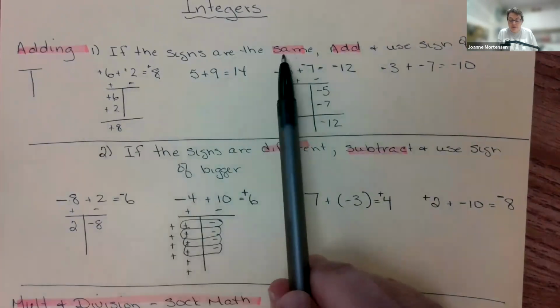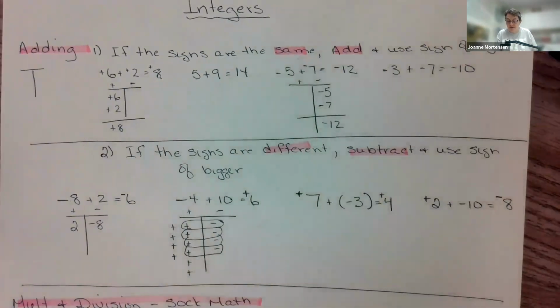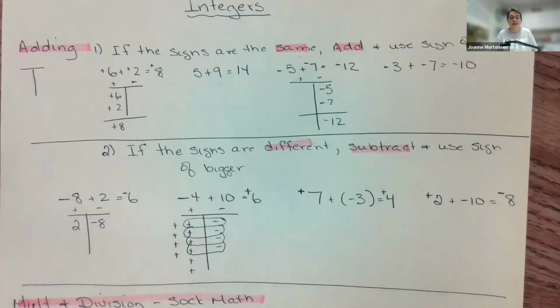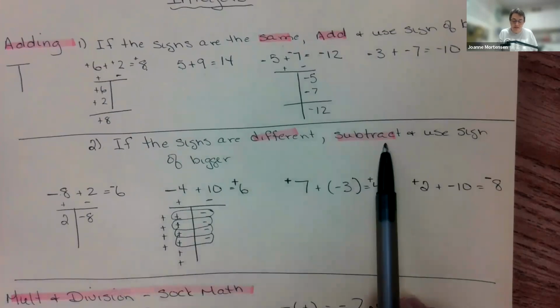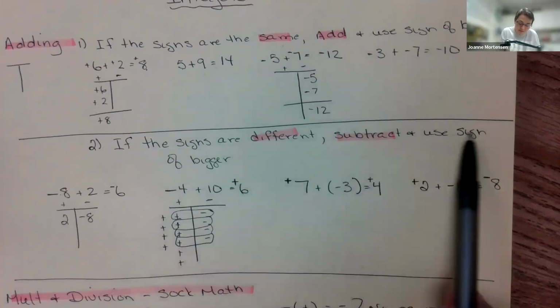So if the signs are the same, you're going to add them, use the sign of the bigger number. These are always works in progress, so I've got to add stuff to it. If the signs are different, I'm going to subtract and use the sign of the bigger number.